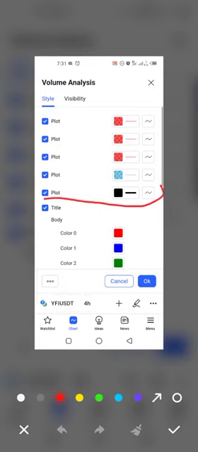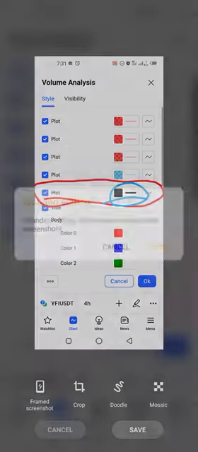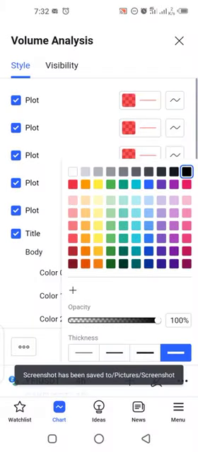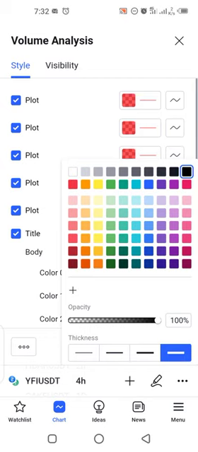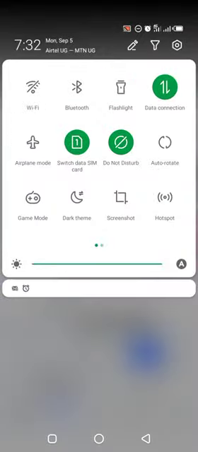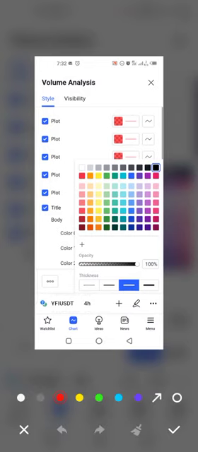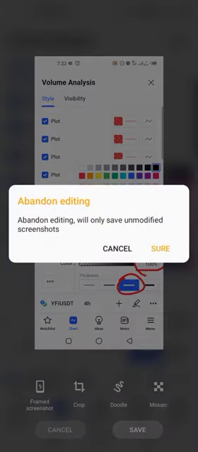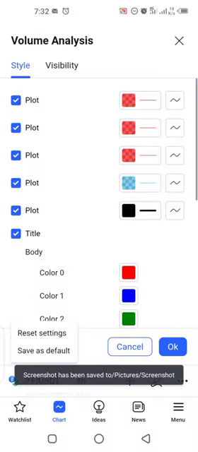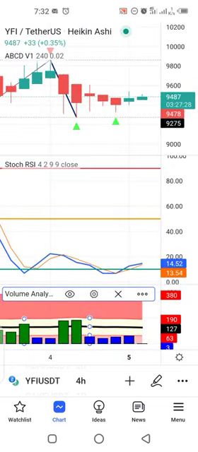I think it is plot number 5. On its color, which is basically here, there is always white, so you just need to tap there and turn it to black. So you tap on it, choose black. The opacity should be 100. The thickness can vary. I can even keep it there. Then you tap on the three dots, save as default, and press OK.